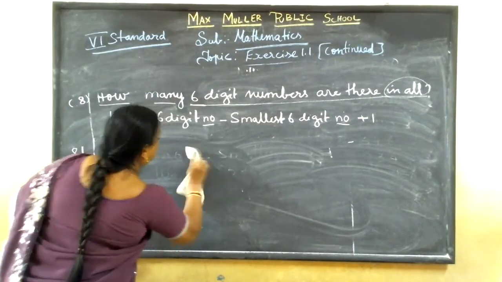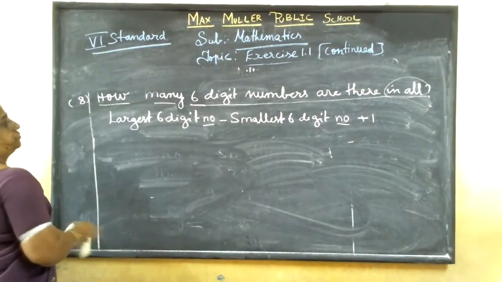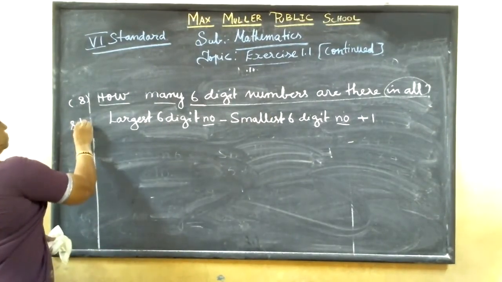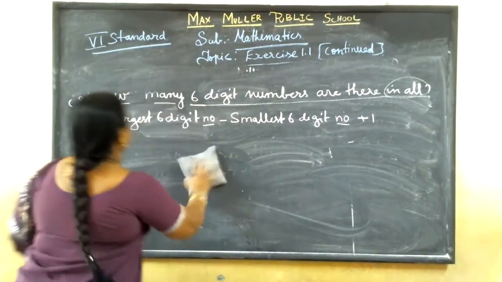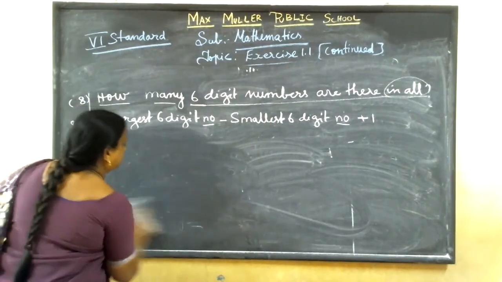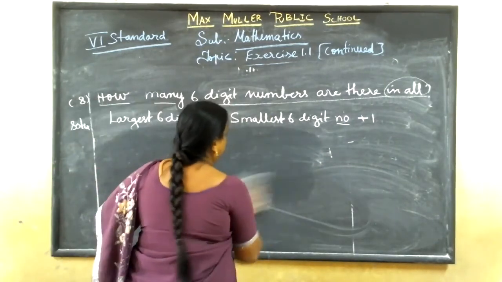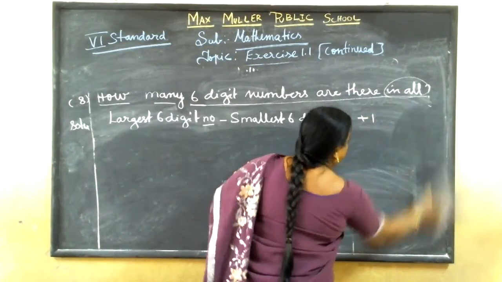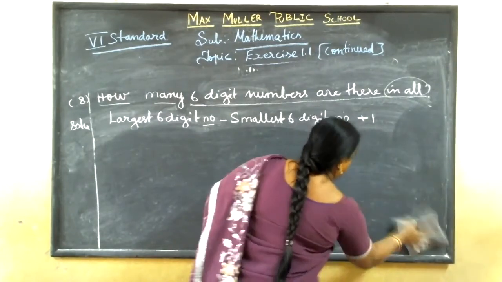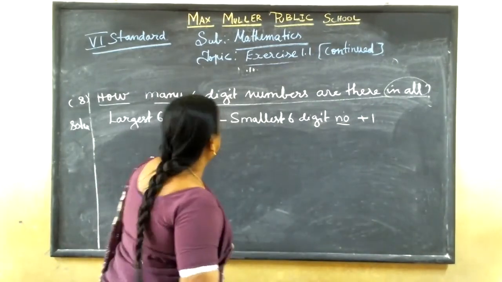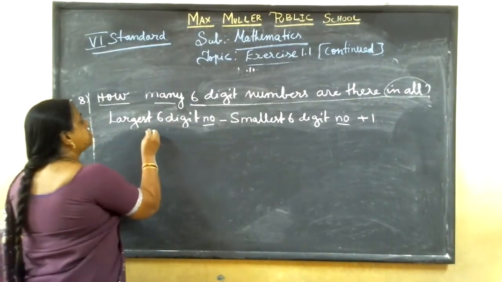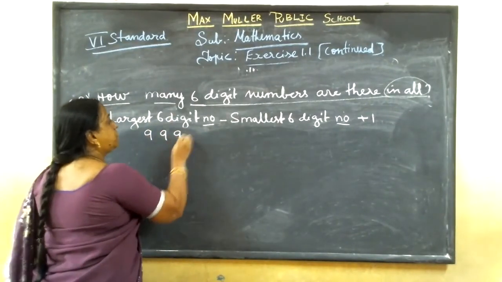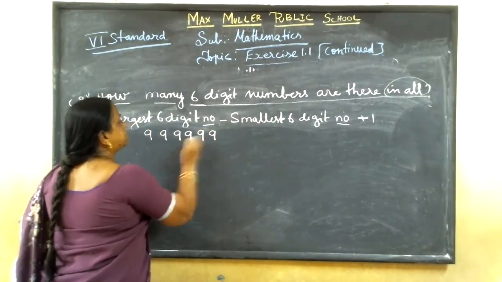Solution. See here, largest 6-digit number is what? 6 times 9: 1, 2, 3, 4, 5, 6.